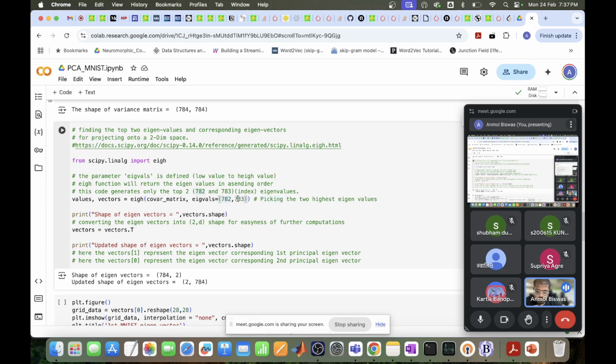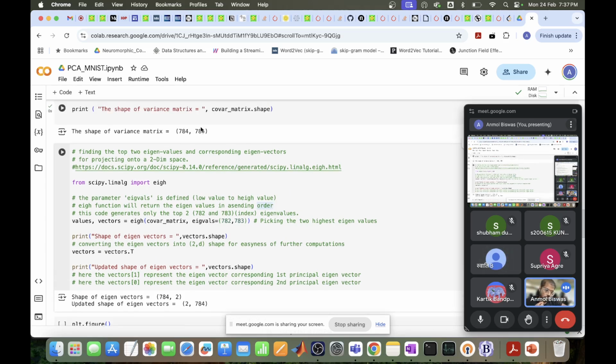That is because this function returns the eigenvalues in ascending order, right? So it will return a list of the eigenvalues, and because this is a 784 by 784 matrix, essentially what it will return is a list of 784 values.